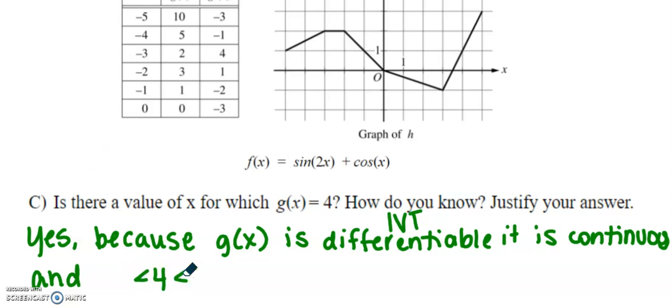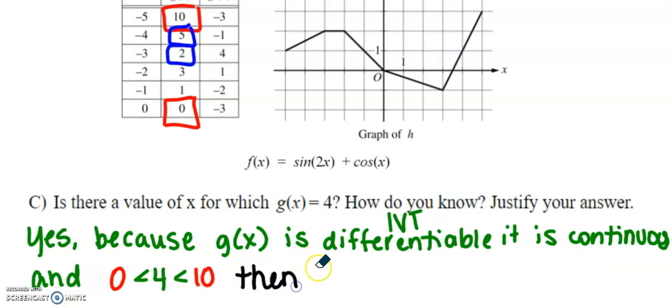And this is where you have some options. So some of you used the fact that 4 is just in between the full endpoints, which is great, right? So 0 is less than 4 is less than 10. Some of you focused in and said, well, 4 is actually between 5 and 2. So you would have put 2 is less than 4 is less than 5. That's also great. Either one works.